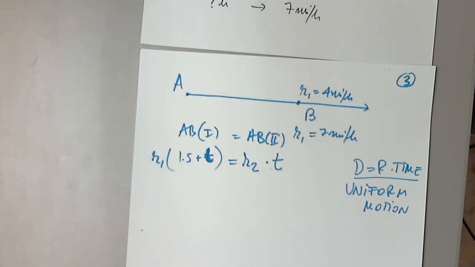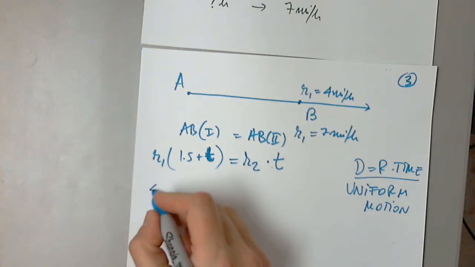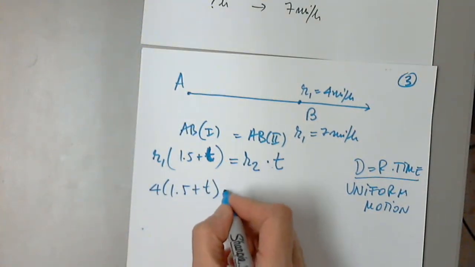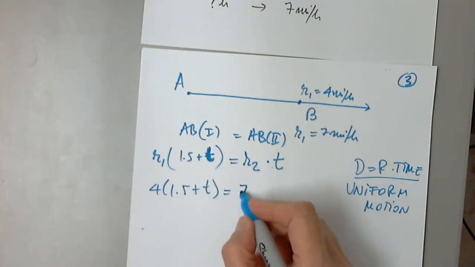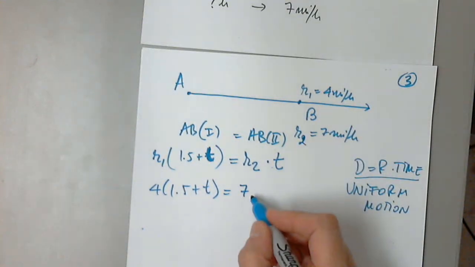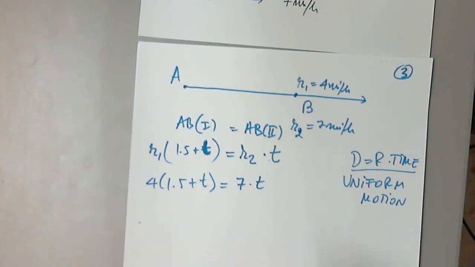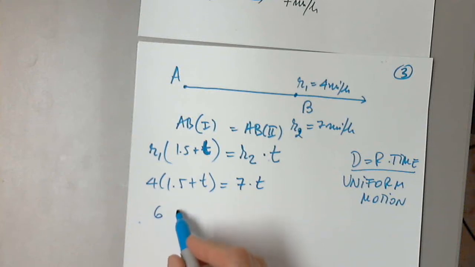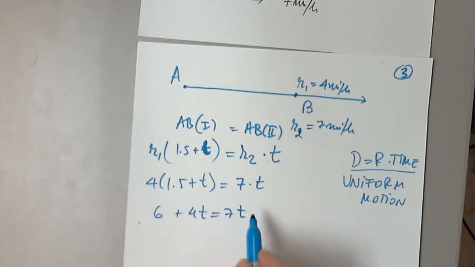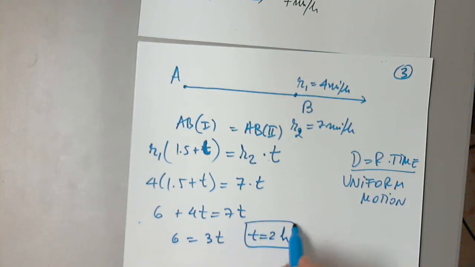Okay, so R1 is 4 miles times 1.5 plus T. R2 is 7 miles times T. I distribute, so that's 6 plus 4T equals 7T, or 6 equals 3T, so T equals 2 hours.